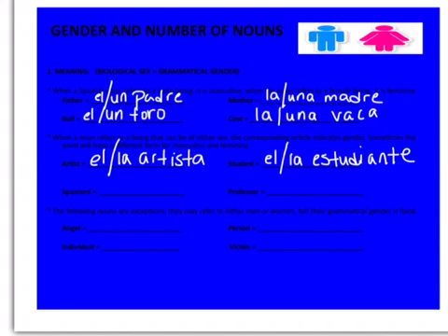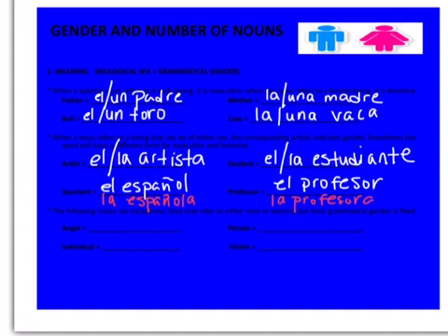Sometimes the word will have a different form for masculine and feminine. For example, the words Spaniard and professor.